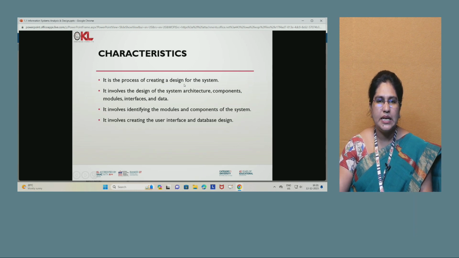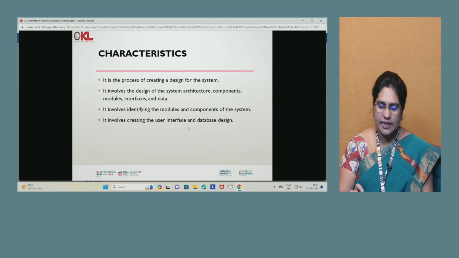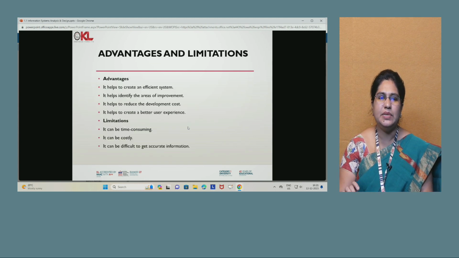It creates a design for the system, and then the system architecture. After that it identifies the modules and components, and then creates the user interfaces and data design.